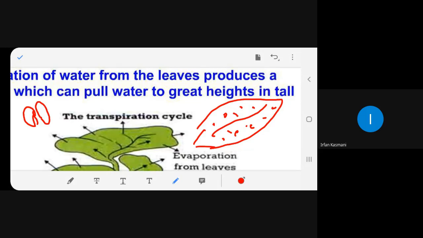The stomata looks like this. Okay? Like this it looks. This is open, and when it is closed, it will be like this. This is closed. This is open, and this is closed. Do you get me?